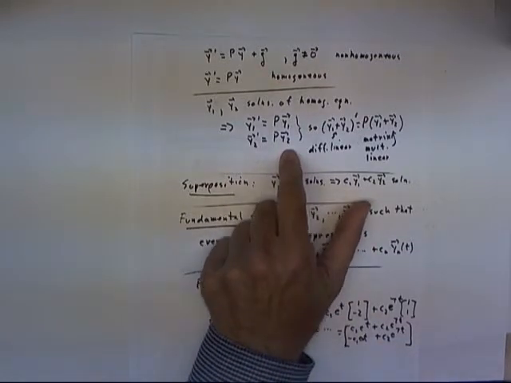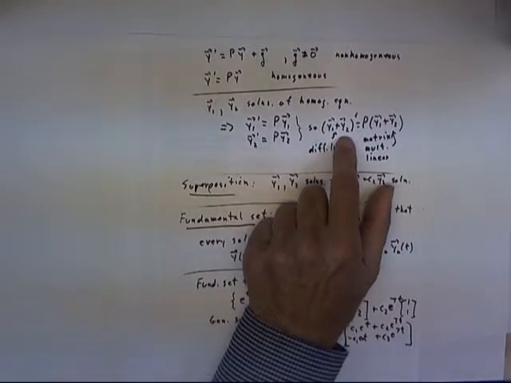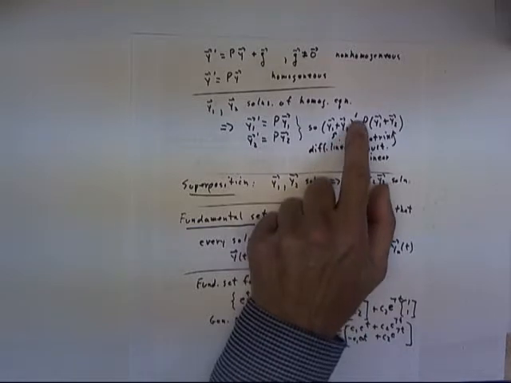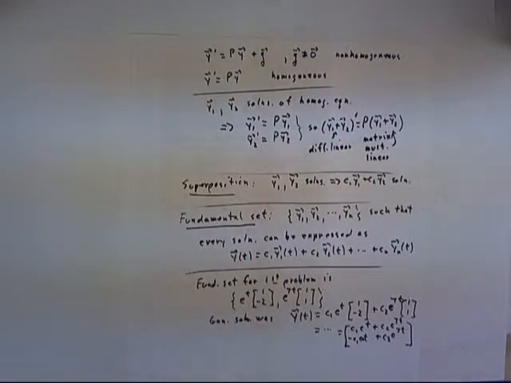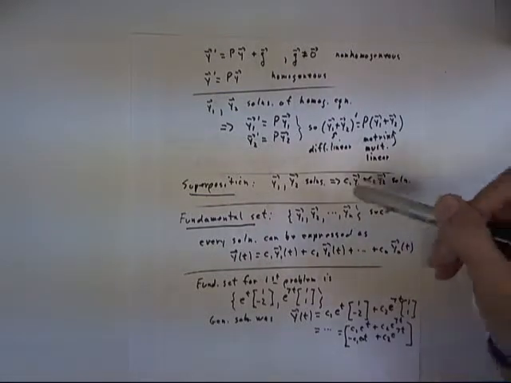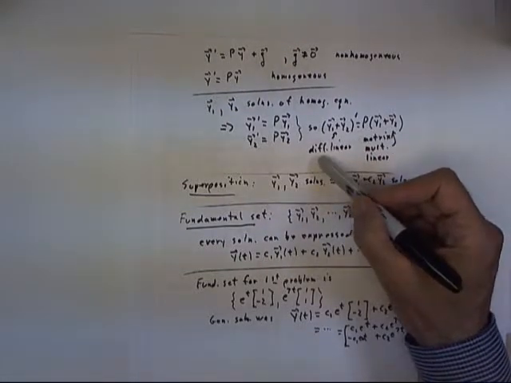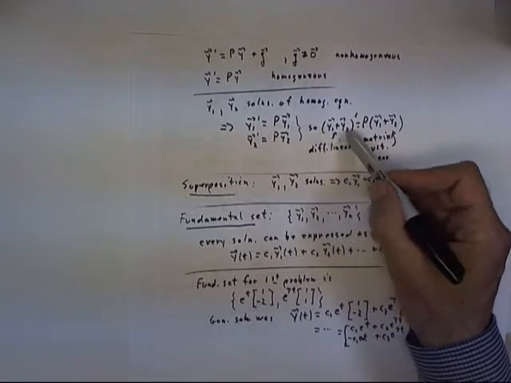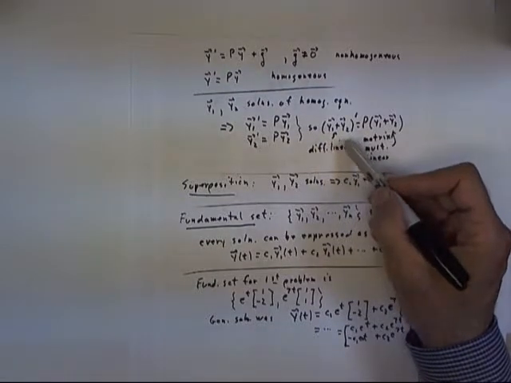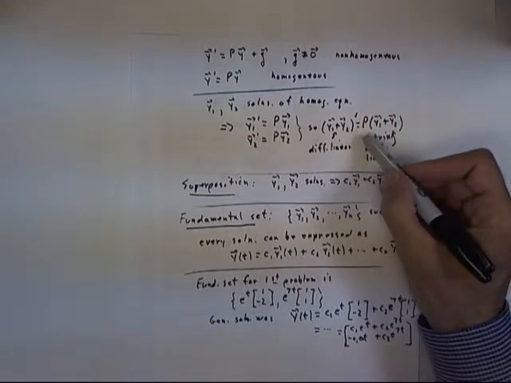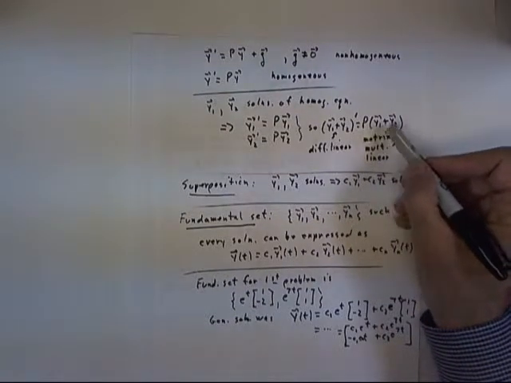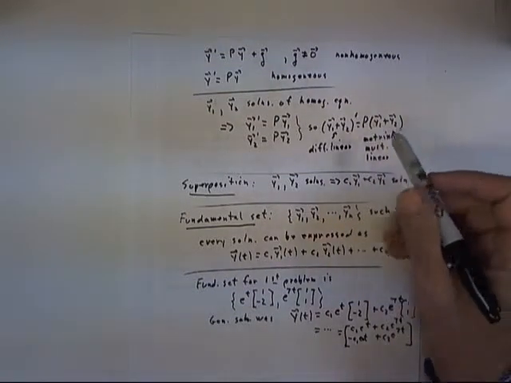And from that it follows that (y1 plus y2) prime equals P times (y1 plus y2). And the reason for that is very simple. Differentiation is linear, so this is just y1 prime plus y2 prime, and matrix multiplication is linear, so this is just Py1 plus Py2.